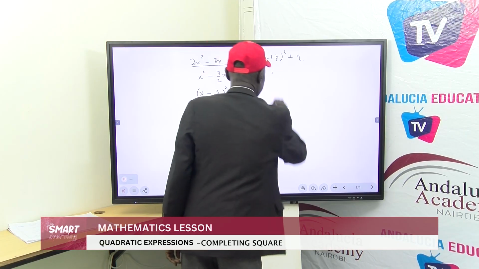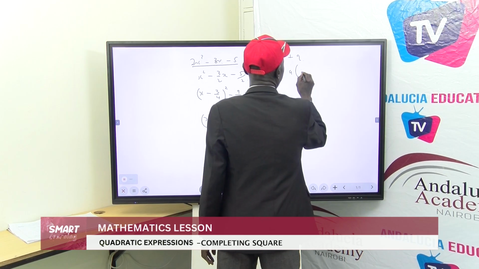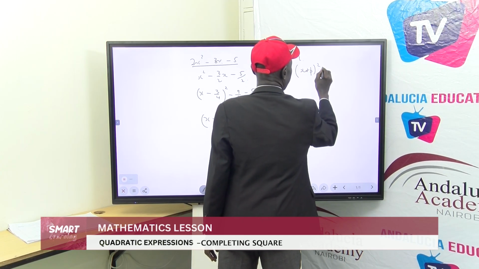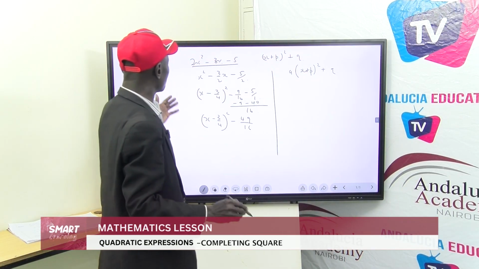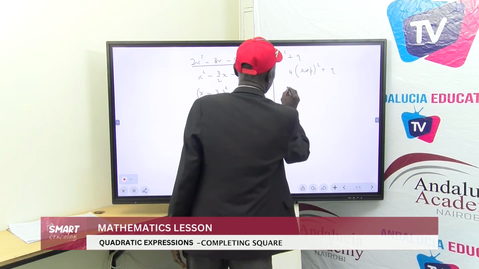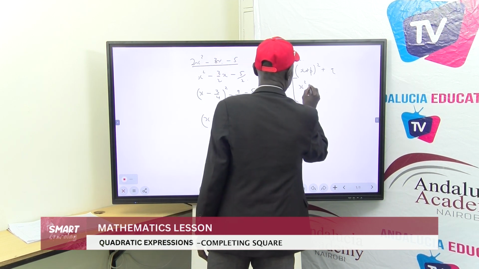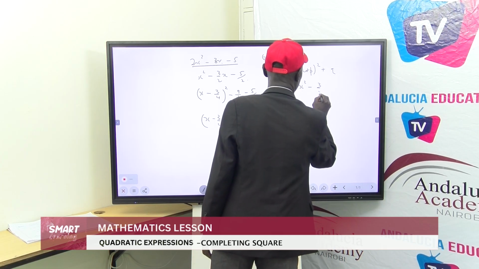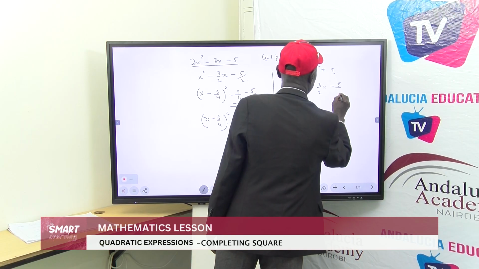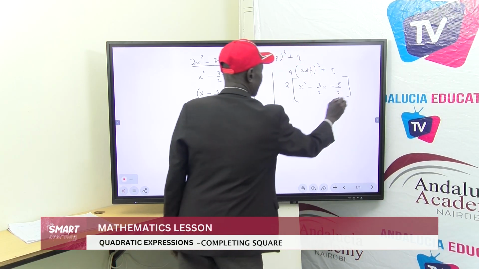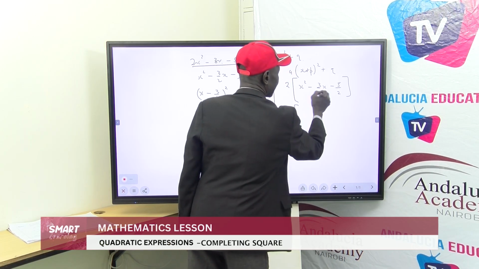Now, the second part I want to write in the form of a in brackets x plus p squared plus q. So quickly, what we have to do here is factor out. So I'll have 2 in brackets x squared minus 3 over 2 x minus 5 over 2. Then I complete squares here. I'll have 2 in brackets, I divide this one by 2.